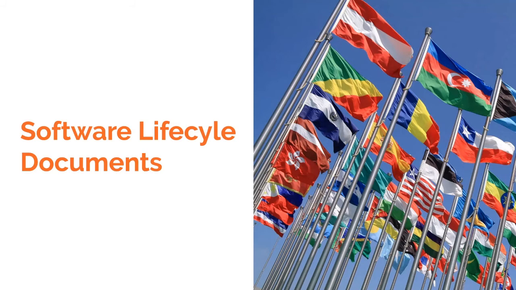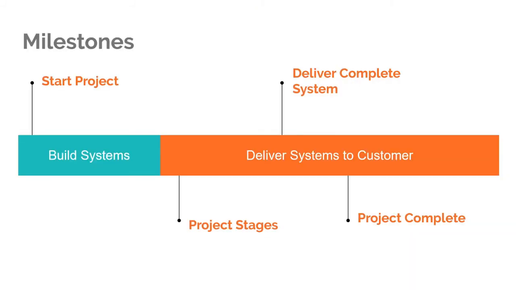We start the project, we build systems using different project stages, and then we deliver the systems to the customer. Once the development is complete, we deliver a complete system, and once the system is delivered and accepted by the customer, that is the end of that project. The project is complete.